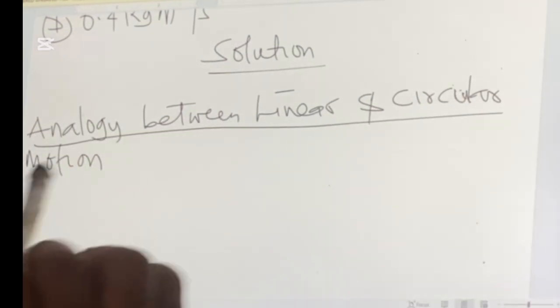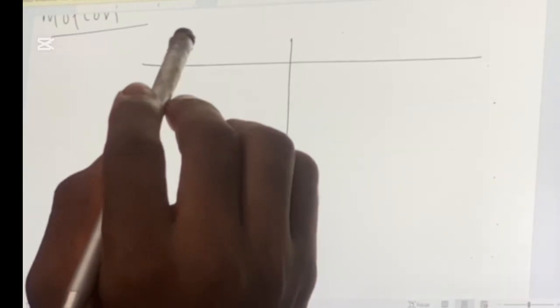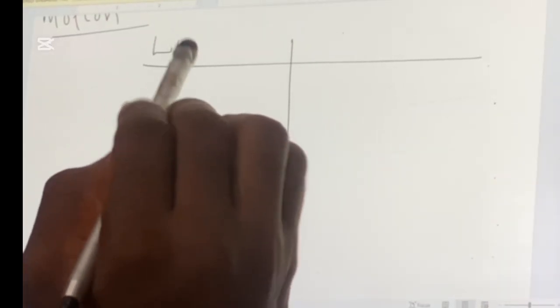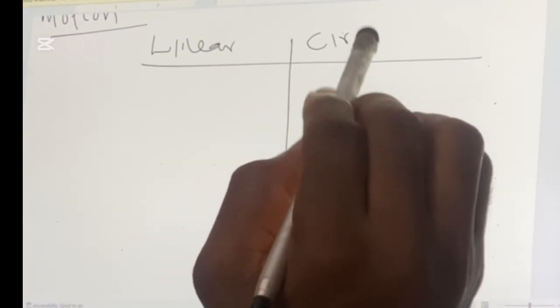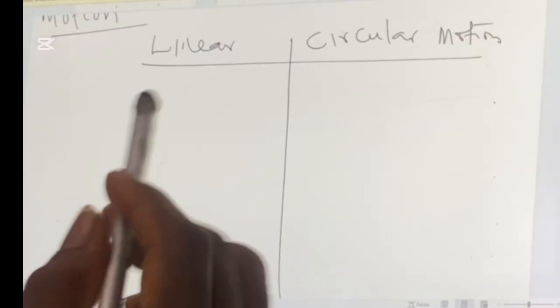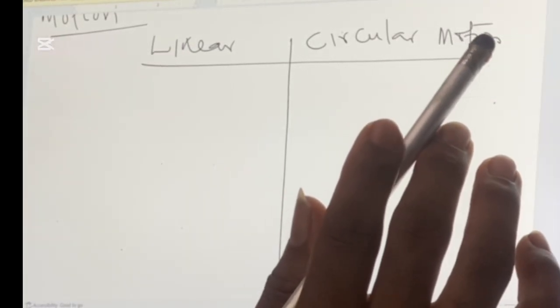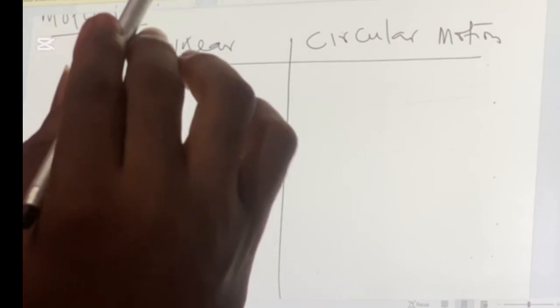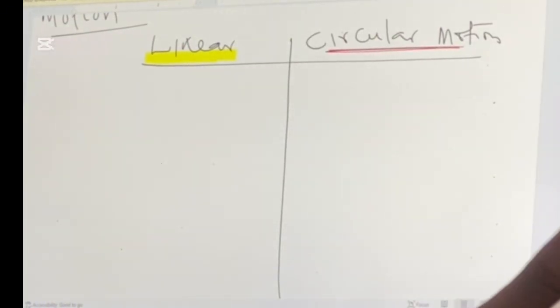Now let's consider the analogy here. This is my linear, this is my circular motion. We are using the parameters of linear to relate with circular. Now let's try to know them.